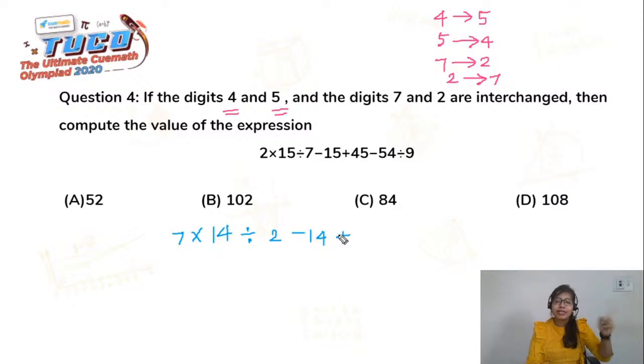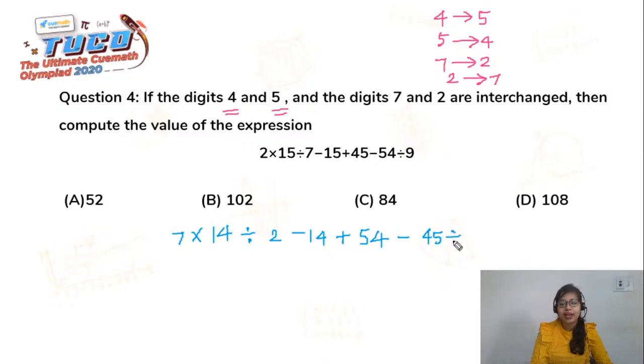This would interchange places among itself. The 4 will come to 5's place and 5 would go to 4's place. So 54 minus, this would again interchange its place, 45 divided by 9. That's it. Okay. Once you have framed this expression, you are going to get the right answer. Majorly the framing of the expression is something which you need to focus upon.